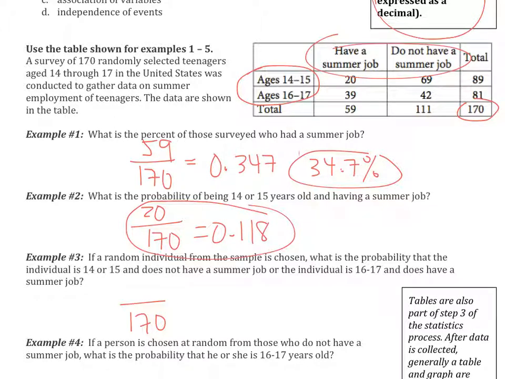How many people is that? 14 to 15 and does not have a summer job? 69. And then 16 to 17 and does have a summer job? 39. So that's, I think, 108 out of 170. Convert it to a decimal just to make sure it makes sense. You get 0.635.